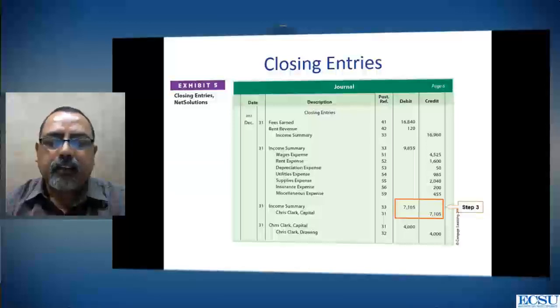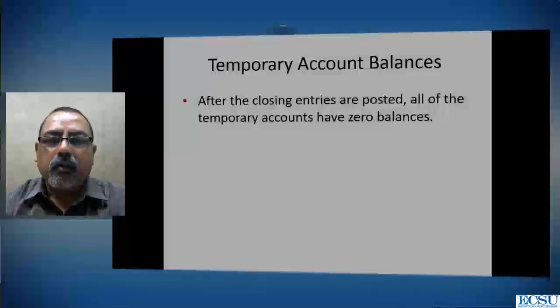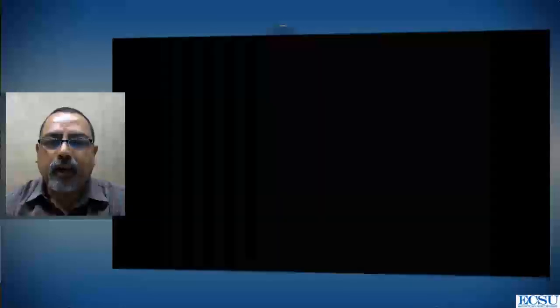And if it is a net loss, we'll be doing the opposite. Capital account will be debited and income summary will be credited. And in case of drawings, I'll be debiting capital account and crediting drawings to close the drawings account. So after I do that, temporary accounts closing entries are posted, and all temporary accounts will now have a zero balance.